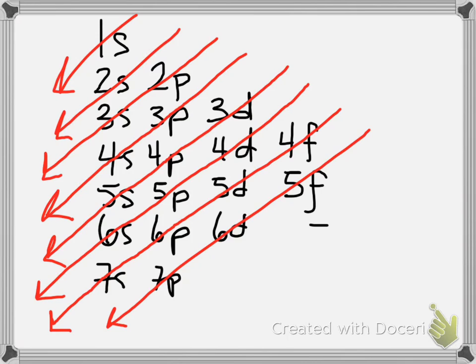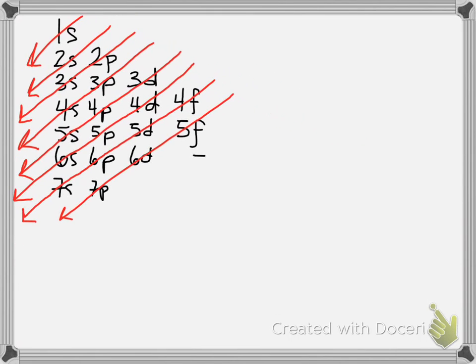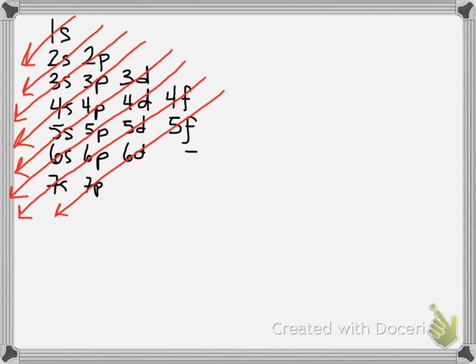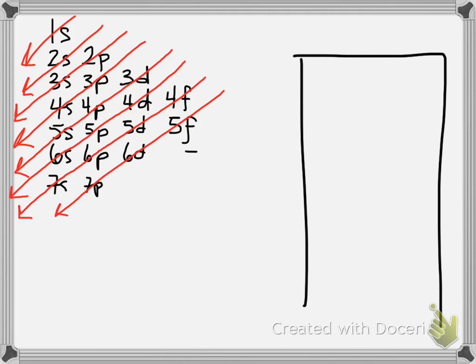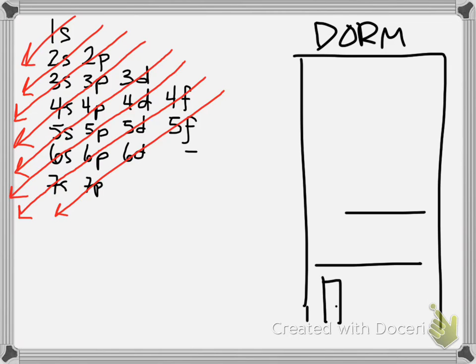So the metaphor that I have for you, and I'm going to shrink our little chart, is what I call the dorm metaphor. Most of you are going to be heading off to college in the years to come.